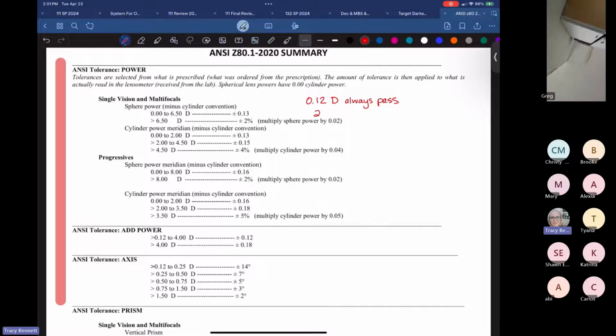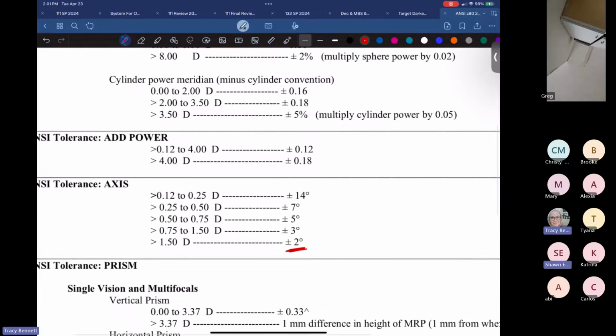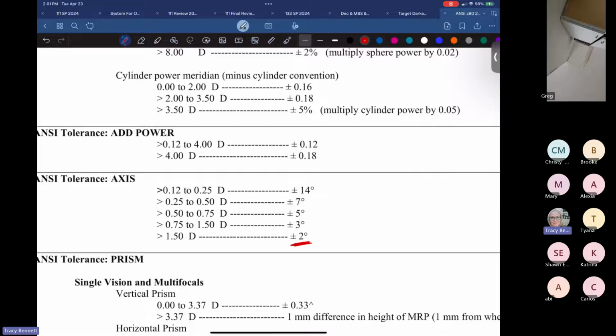If you're off by 2 degrees, that's always going to pass. What else was it? So, yeah, if the sphere or the cylinder are off by 1/8 of a diopter, it passes. If it's 2 degrees in the axis, it passes. Because you see down here, that's kind of the smallest amount.